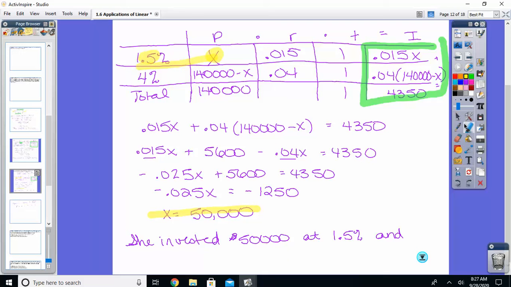And for the second rate, 4%, we just have to do 140,000 minus X. So 140,000 minus 50,000, $90,000 at 4%.